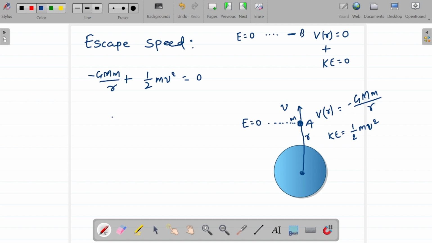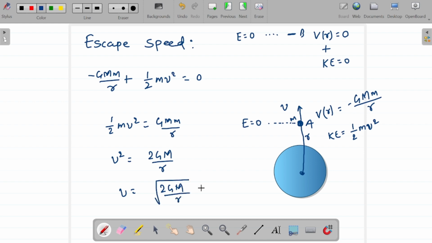Now, 1 by 2 m v square equals G M m by r, or we can say v square equals 2 G M by r, or v equals the square root of 2 G M by r.